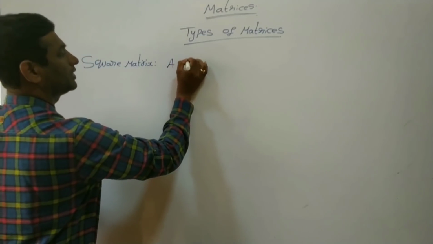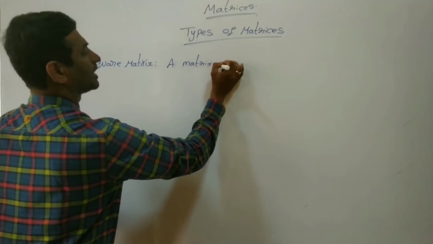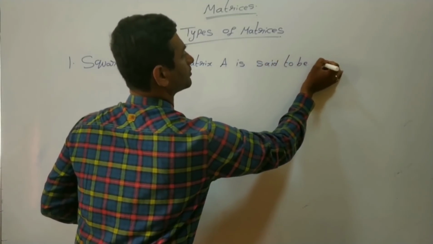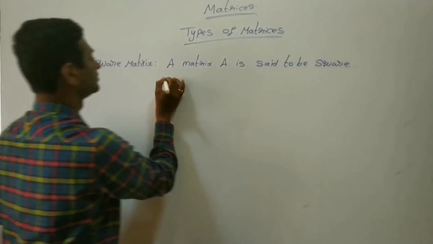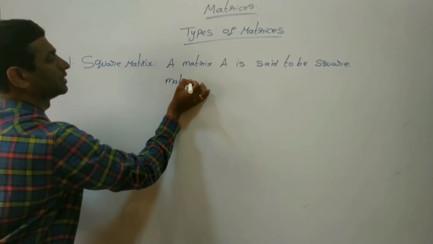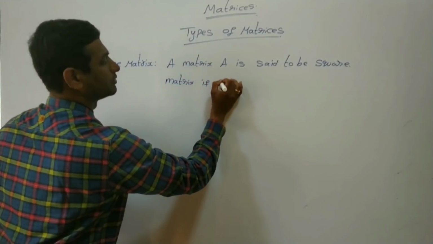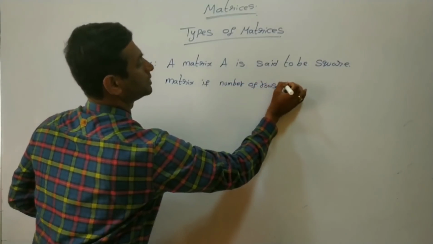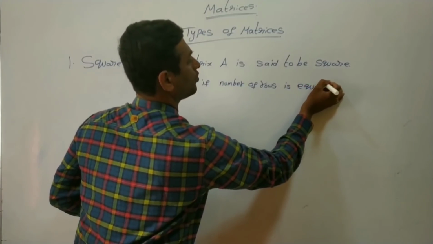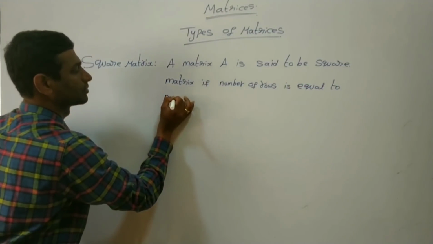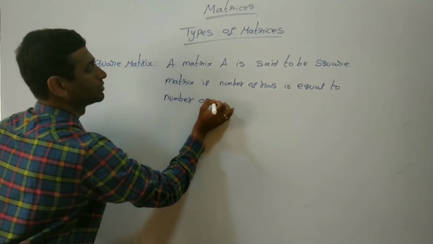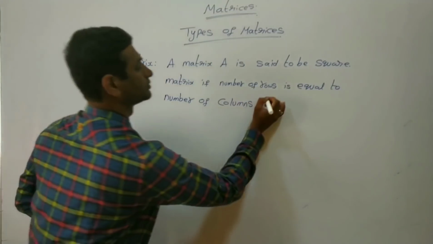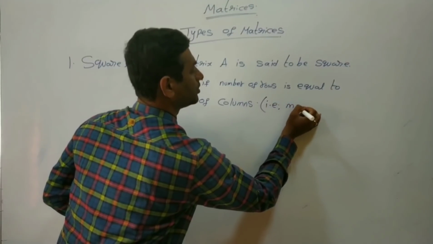Means a matrix A is said to be a square matrix if the number of rows is equal to the number of columns, that is, m is equal to n.